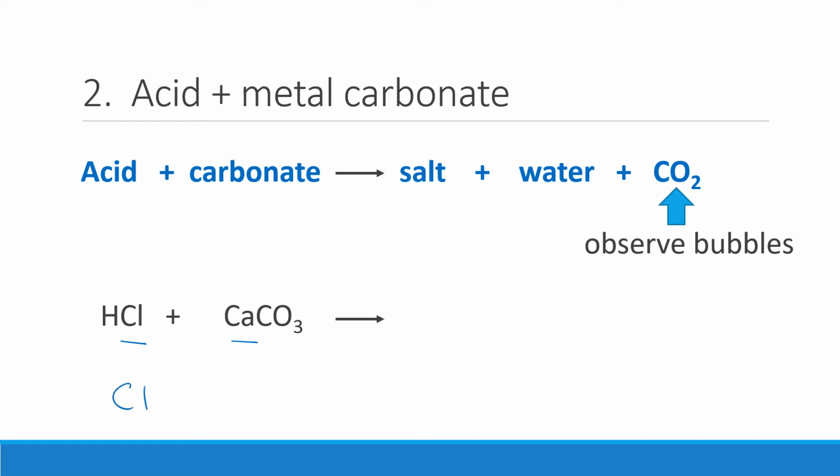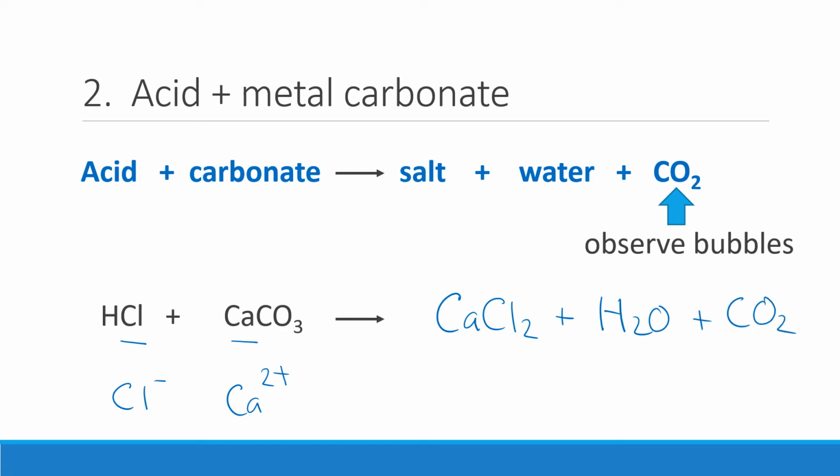So I'm putting together a chloride ion and a calcium ion. Calcium has a +2 charge, right? If I didn't know that, I could check my ion sheet. And so the formula for my salt is CaCl2, and then my other products are water, H2O, plus carbon dioxide, CO2.